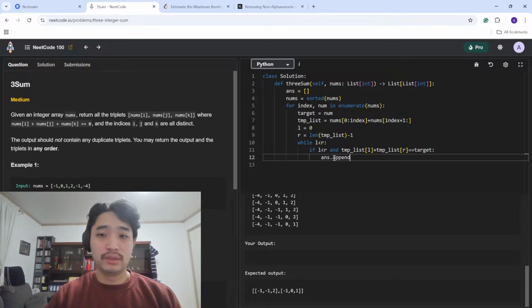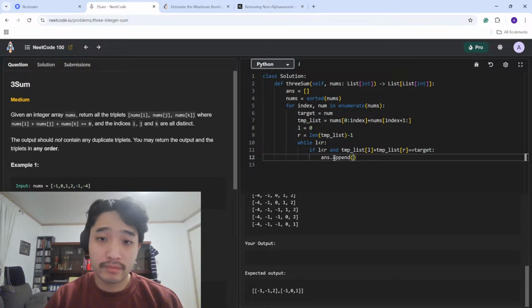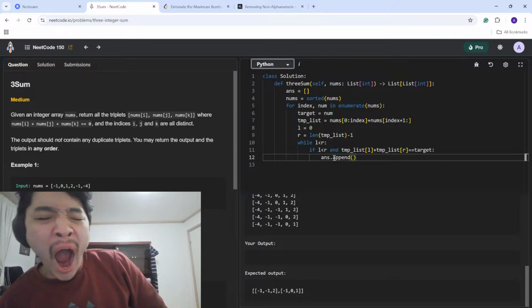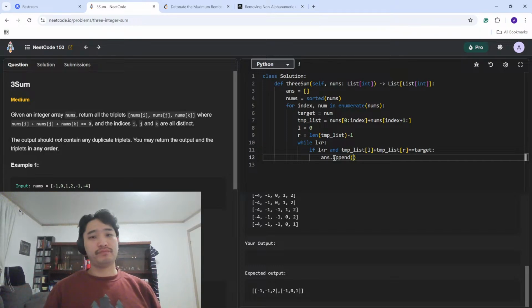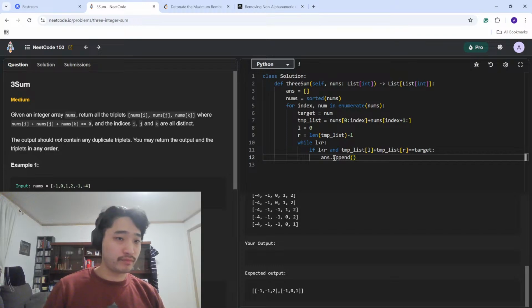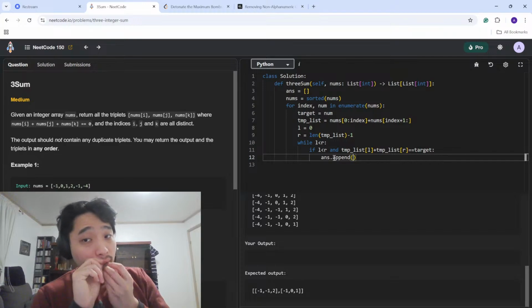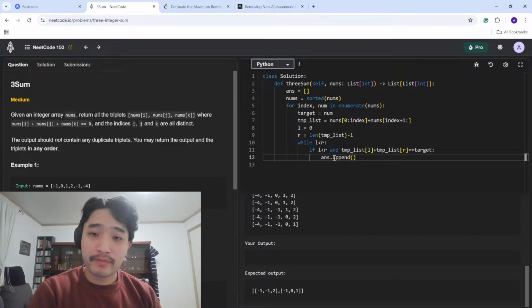And append. To be fair, there might be more than one duplicate number. Okay, append.